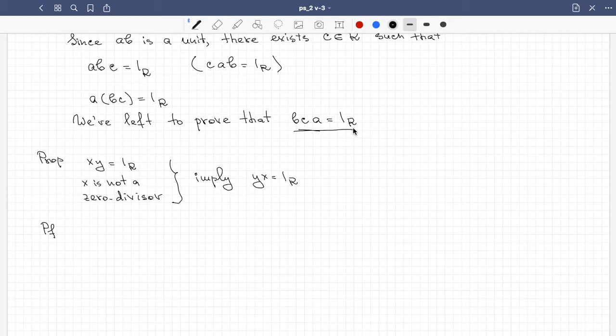I wanted to do it separately with x and y, making it a little bit clearer, because BC is a product of two of them. We don't need that.